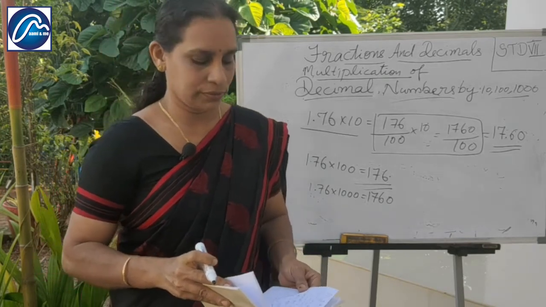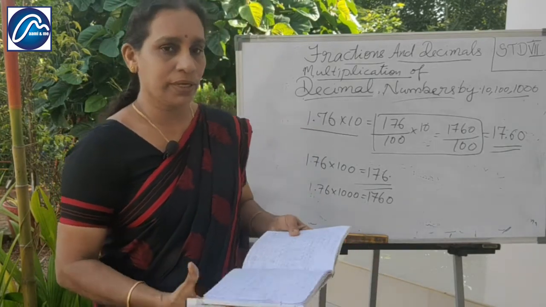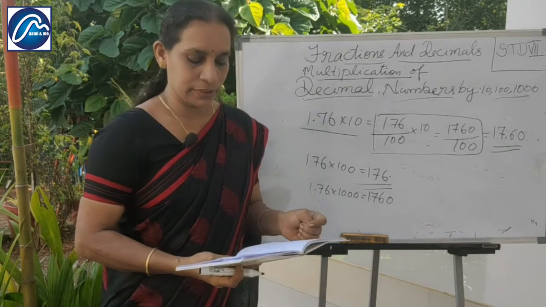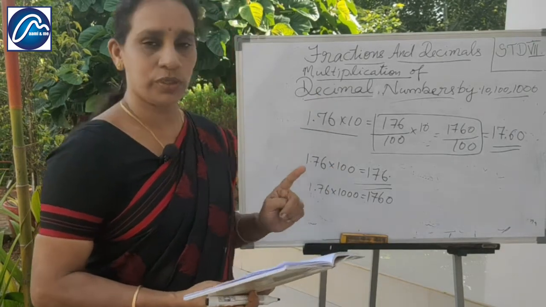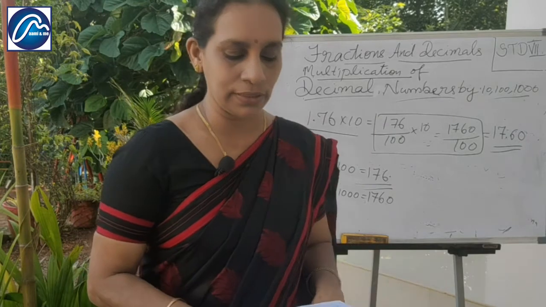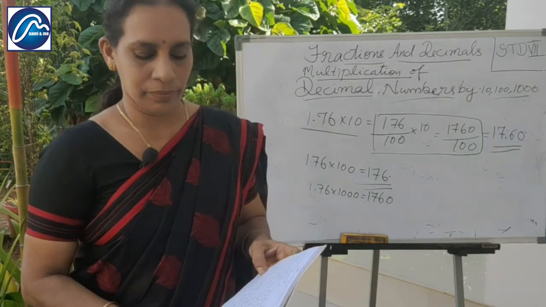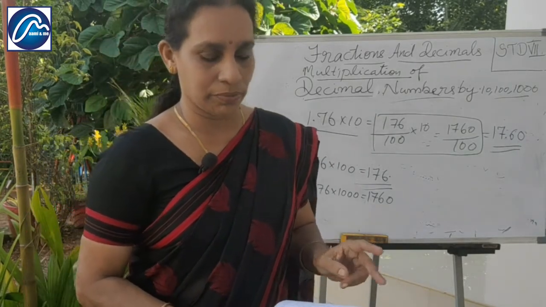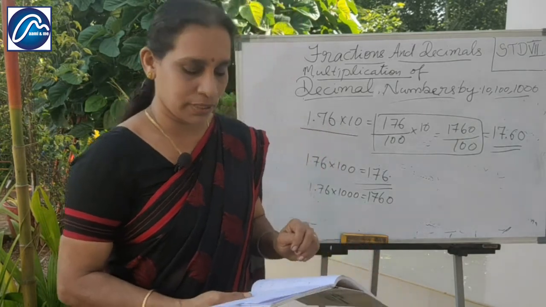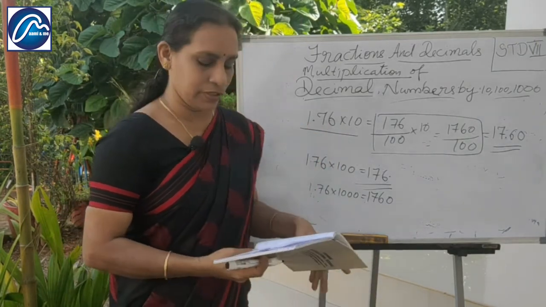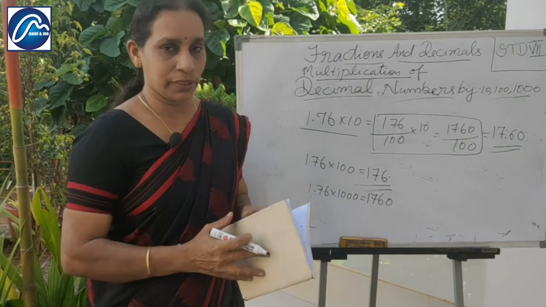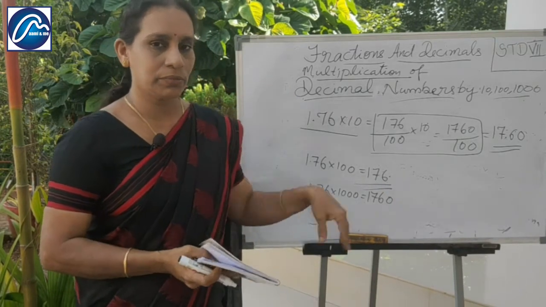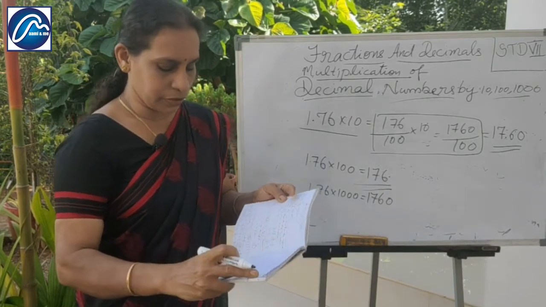Next one is, I think you have understood what was said about decimals. I hope you understood everything about these decimals: how to compare two decimal numbers, and multiplication of decimal numbers, where you get the answer by putting the decimal, counting the decimal places left or right.